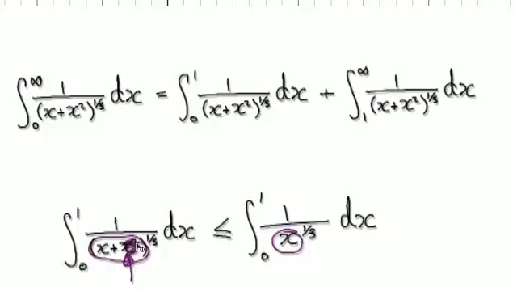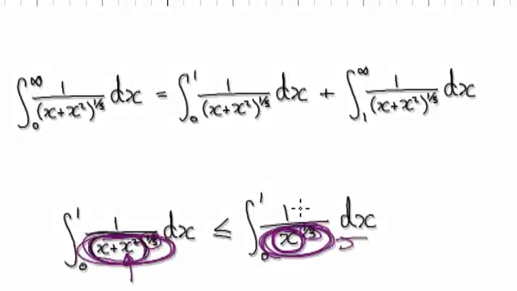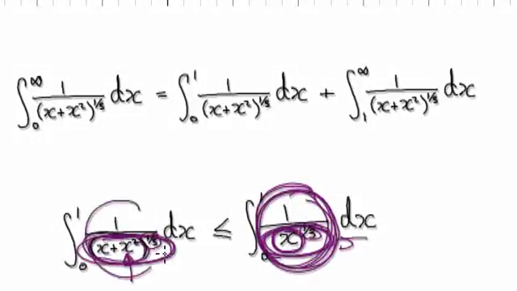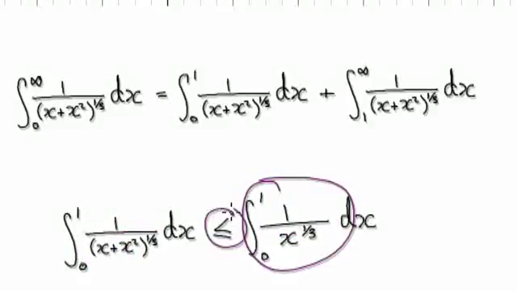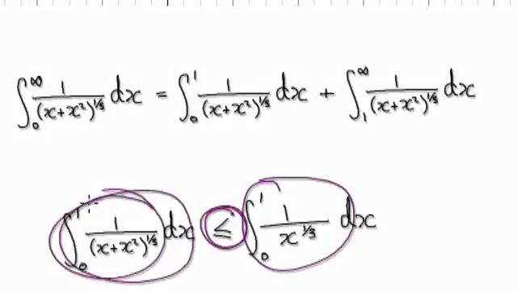If you don't add that extra tiny bit, it's smaller, and when you cube root it, the whole denominator here will be smaller than the whole denominator here. If the denominator is smaller, then you're dividing by something smaller, so this thing collectively will be bigger than this thing. Hence this is bigger or equal to this.